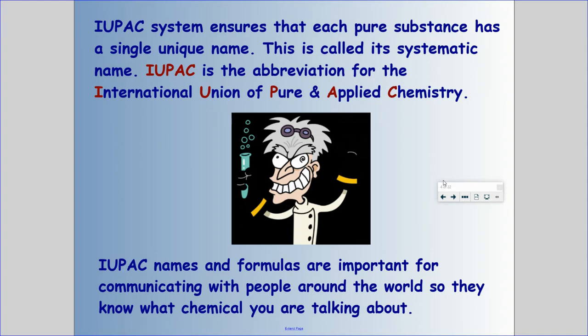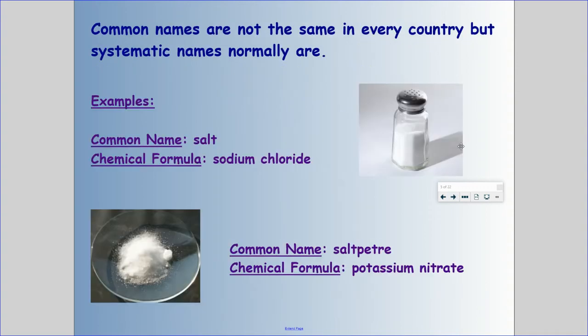Now, sometimes they're a little bit different. For example, sometimes you name them a little bit differently in French. But the idea is that the chemical structure that you see is the same. So when you name it, you're like, oh, that's what it is. Common names are not the same in every country, but systematic names normally are. So for example, a common name for something is salt, and the chemical name for it is sodium chloride.